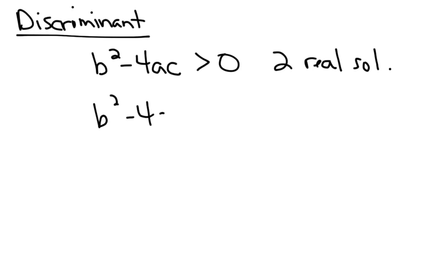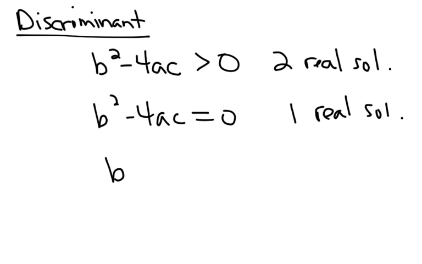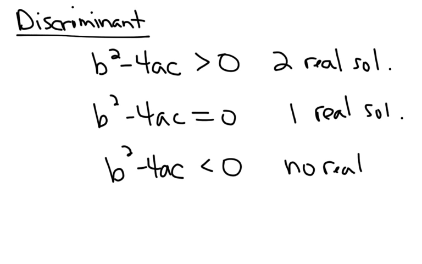If b squared minus 4ac is equal to 0, you're going to get 1 real solution. That means the graph hits the x-axis one time. And if b squared minus 4ac is less than 0, that means it's a negative, you're going to get no real solution because the graph never touches the x-axis.